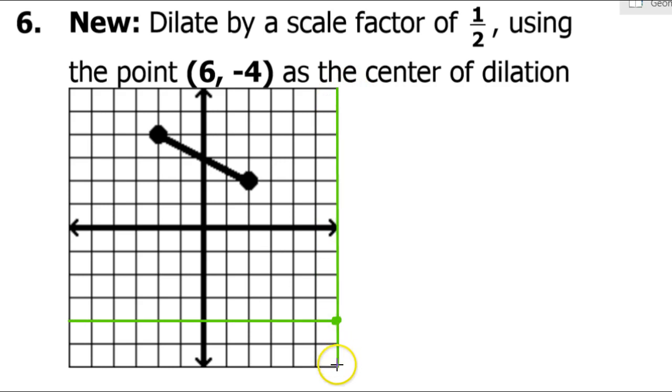So based on this x-axis and this y-axis, what are the coordinates of these points? According to my new axes, this first point on the left is at, let's see, that's 6, 7, 8. So it is at negative 8.